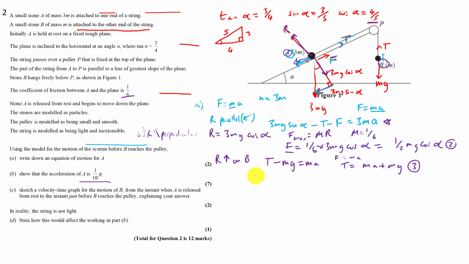So from using 3mg sine alpha minus T minus F equals 3ma, let's substitute all those figures in.